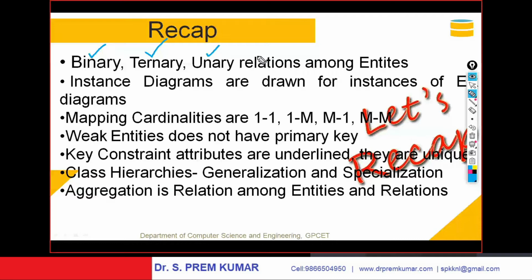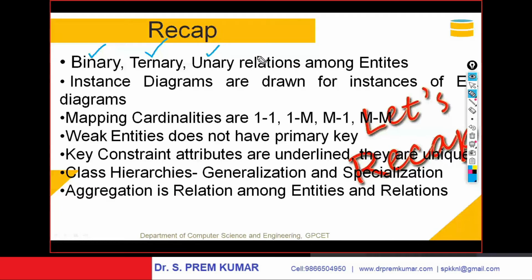Here you are having only one entity. The employee is an entity, supervisor is an employee, subordinate is an employee. The employee is related to the employee, that is a unary relation. If an entity is related to itself, that is called unary relation.